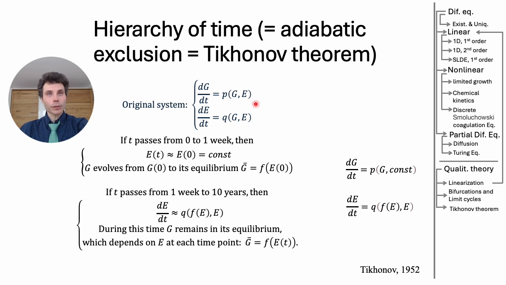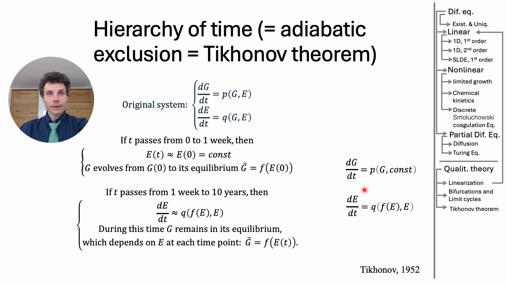We first solve the equation dG over dt equals p of G and E of 0 instead of E of t. And this equation depends solely on G. This equation represents the relaxation periods, the periods of 1 week.